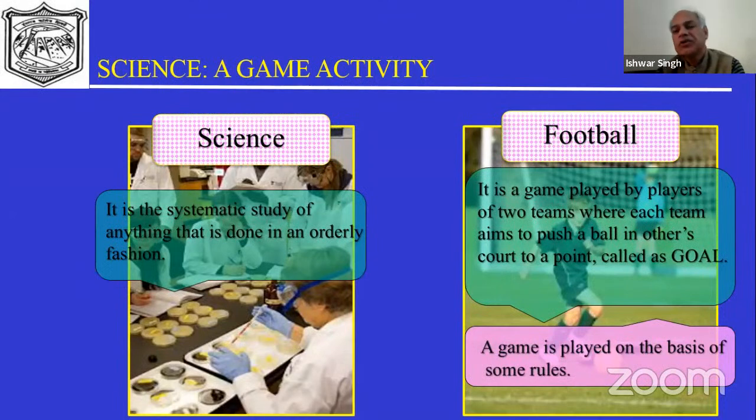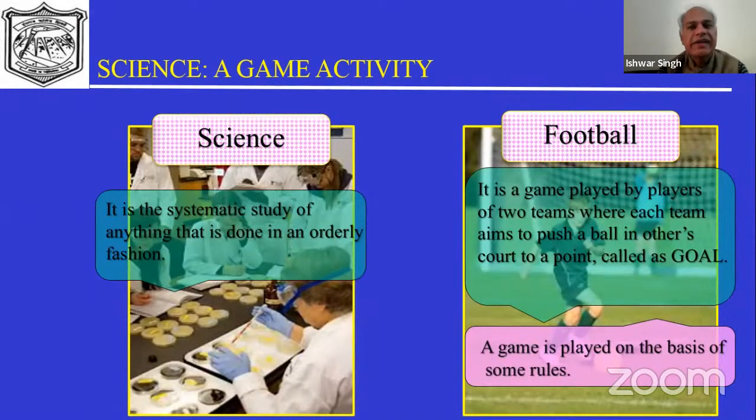Any game you take into consideration, whether it is football or cards or kho-kho, any game activity, you will find all those activities are based on some preset rules. You will not find any game where the rules are not fixed prior to playing that activity.